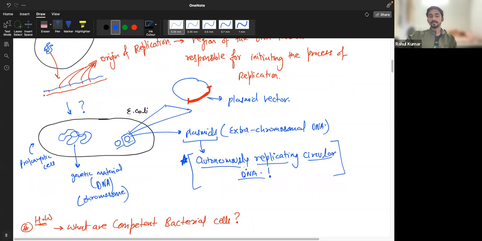Autonomous means something which happens on its own and is not under the control of the genome of the cell. Autonomously replicating means it can replicate by itself without depending on the genetic material of the cell.